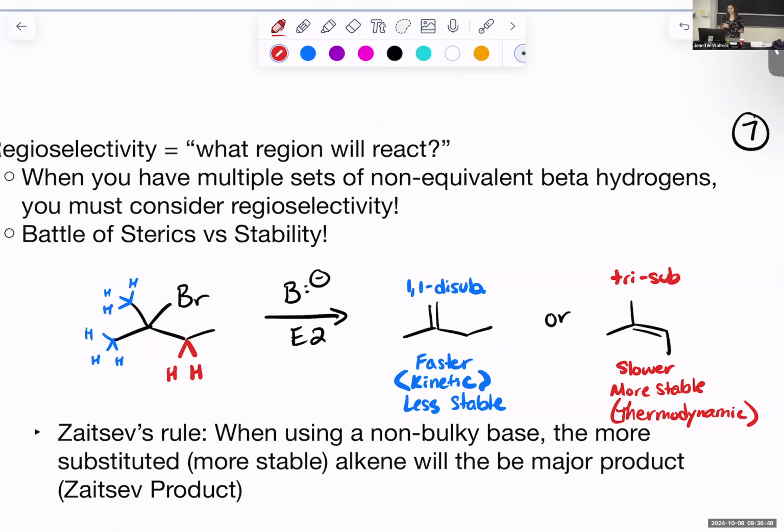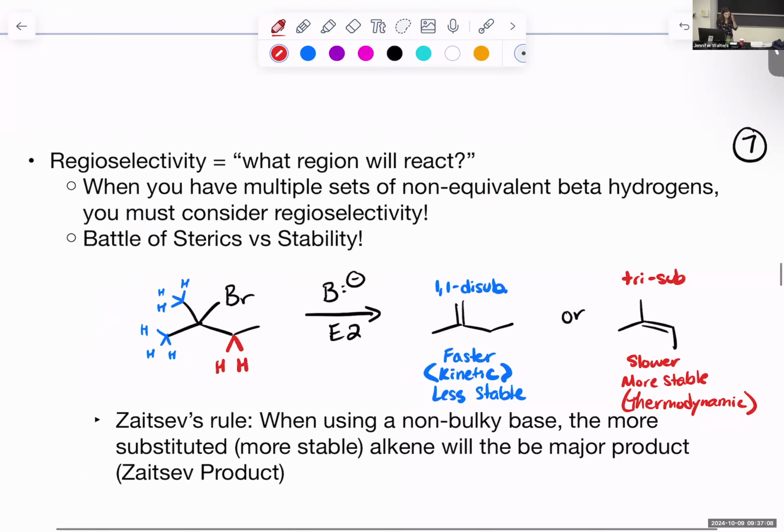Kinetic is that speed, how quickly it forms. Thermodynamic looks at the stability of that product. So the trisubstituted is the thermodynamic product because it's more stable. The disubstituted product is the kinetic product because it happens faster, because there are more beta hydrogens to take from.